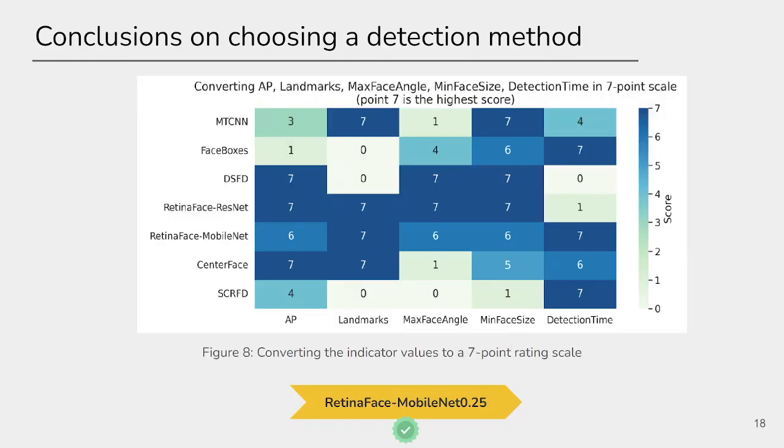Based on these parameters, the methods obtain the following values. See Figure 8. And based on these values, the RetinaFace MobileNet method was selected.